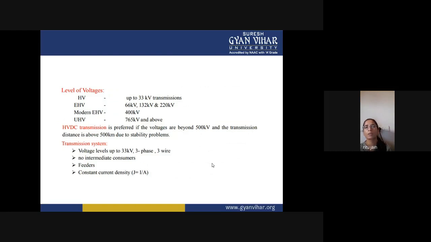The modern extra high voltage is 400 kilovolt, and ultra high voltage is 765 kilovolt and above. So HVDC transmission is preferred if the voltage is beyond 500 kilovolt and the transmission distance is above 500 kilometer due to stability problem.